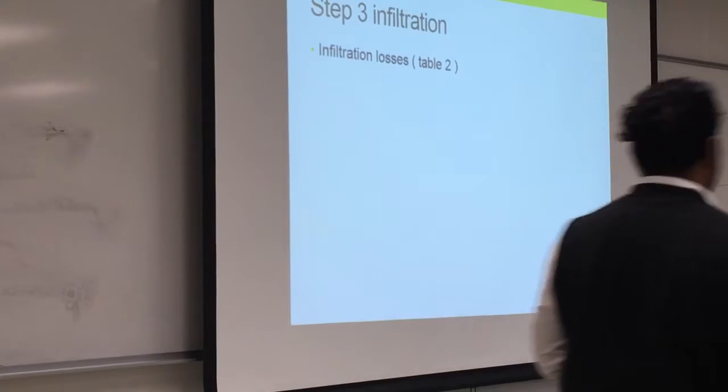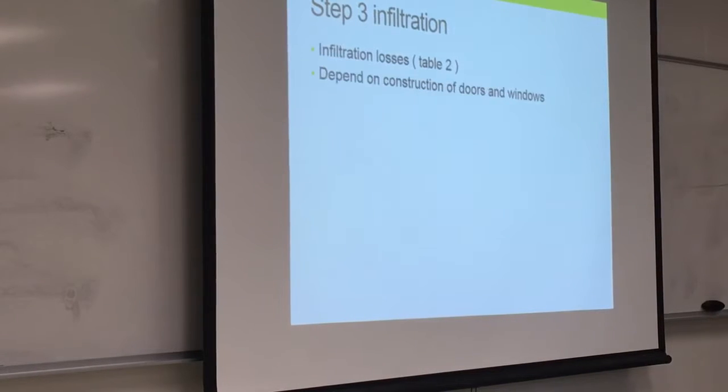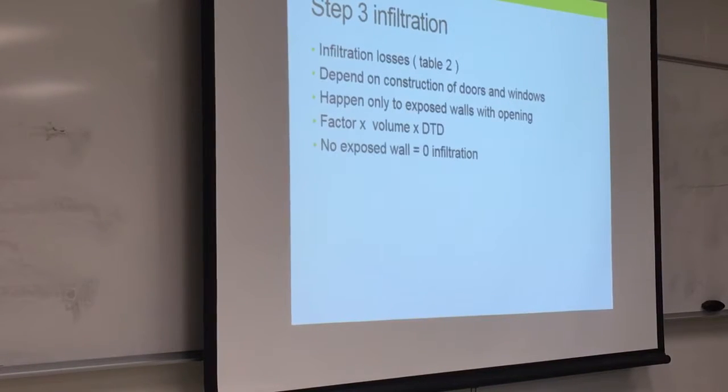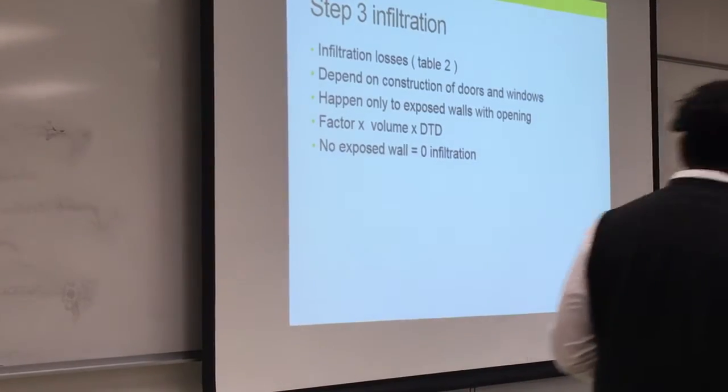So it's based on the number and size of windows. I thought the U factor was the materials you're using. That's not infiltration. Infiltration does not depend on the U factor, it has its own infiltration factor.